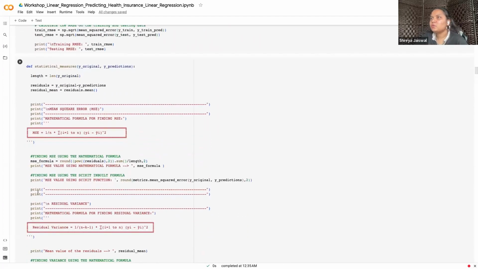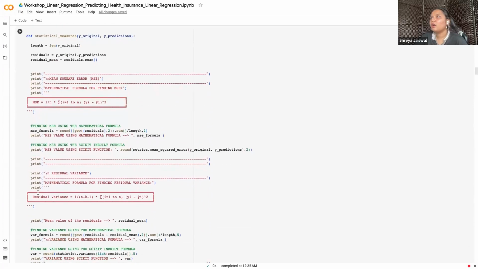There is one thing: Python already has an inbuilt library, sklearn, which helps us to find these statistical measures. Like if you want to find the MSE, we already have a built-in function which gives us the MSE value, variance value.